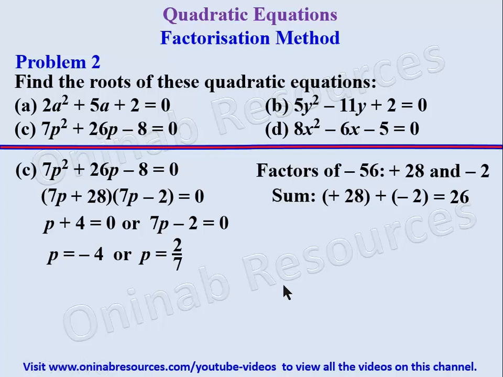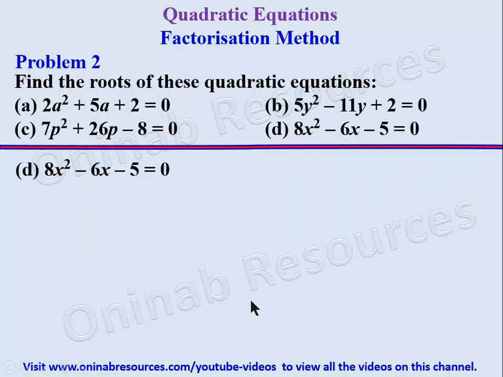So we go to problem 2d. For problem 2d, the coefficient of x squared here is 8, and the constant term is negative 5. So we have our bracket 8x and the second bracket 8x. And now we are looking at 8 times negative 5.